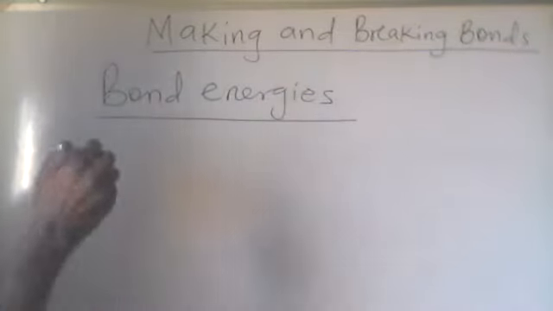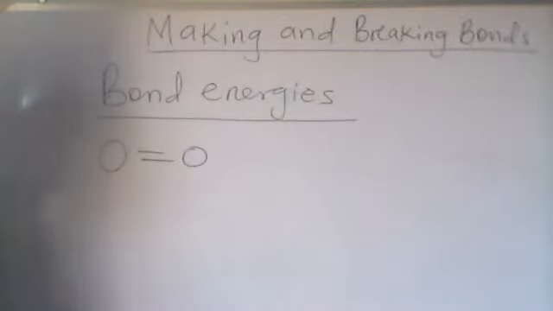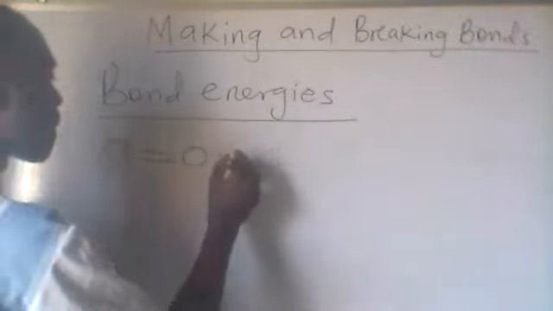Okay, oxygen to oxygen double bond. For you to make or break this bond, you need about 498 kilojoule per mole.